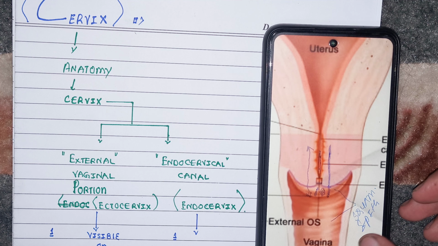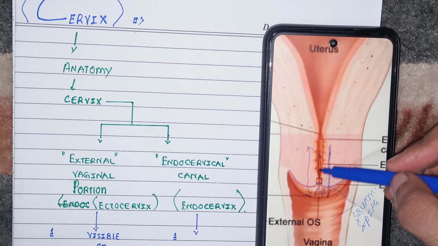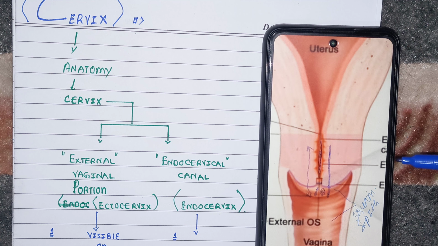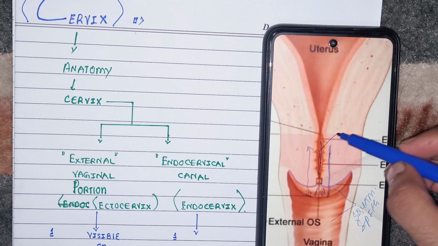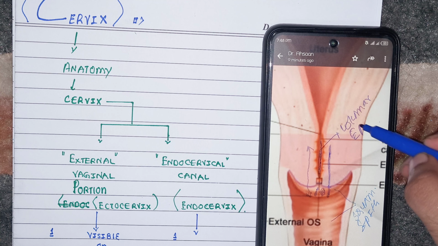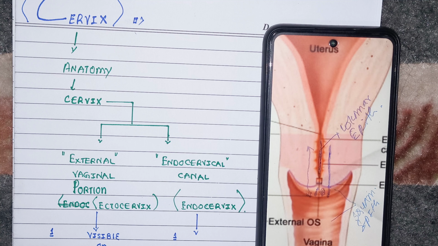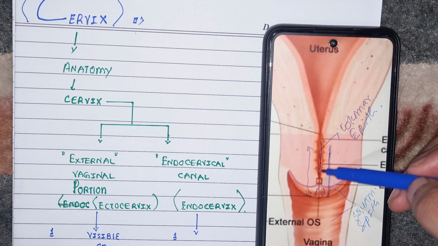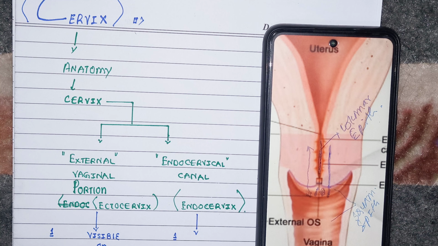And this endocervix, that is the endocervical canal, is not lined by the squamous epithelium. It is lined by columnar epithelium. So this is the endocervical canal, this is ectocervix. I hope you are clear so far.